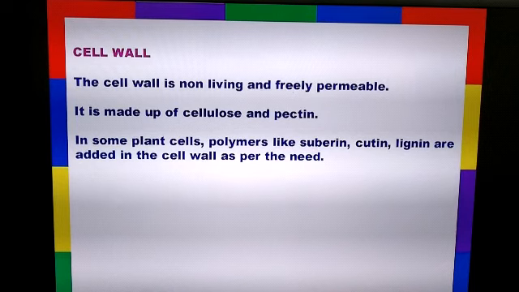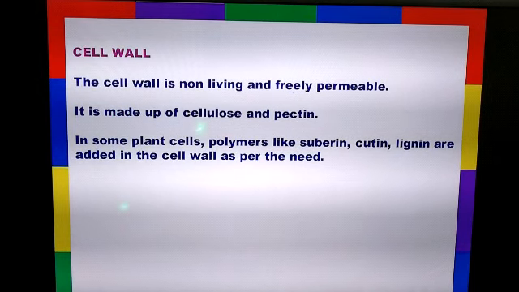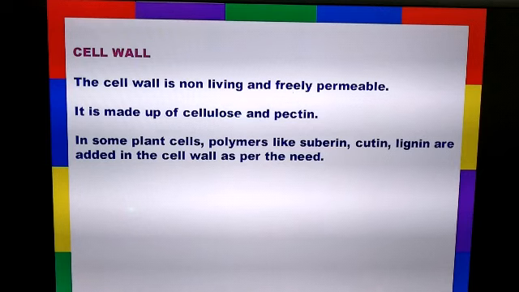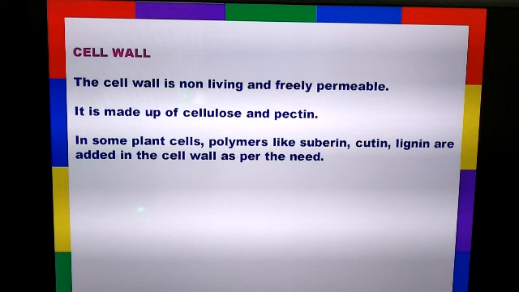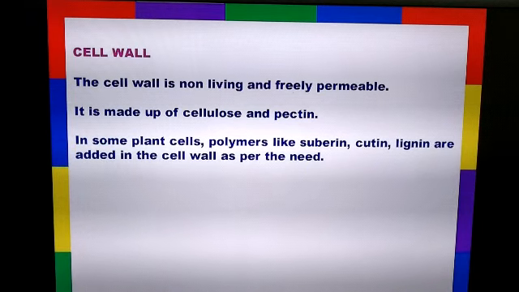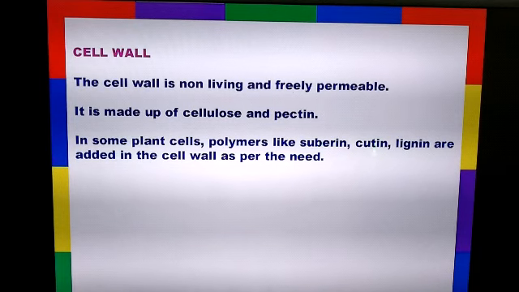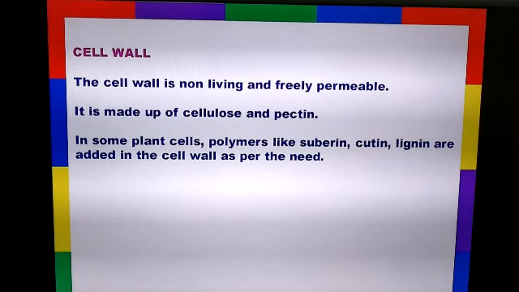The cell wall is made up of cellulose and pectin. Both cellulose and pectin are types of carbohydrates. So cell wall is made up of cellulose and pectin. You will find that in some plant cells, polymers like suberin, cutin, lignin are added in the cell wall as per the need.